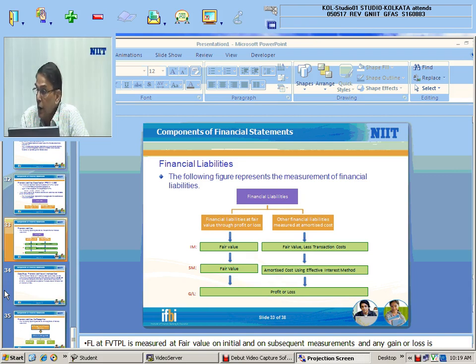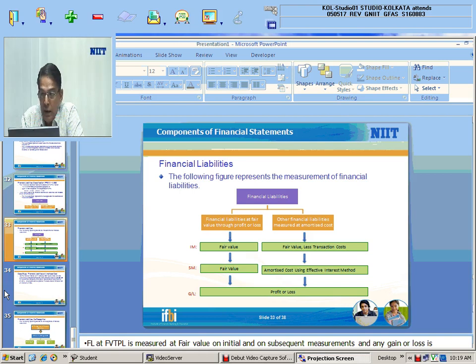For other financial liabilities which are measured at amortized cost, the initial measurement will be fair value less transaction cost, and then amortized cost using the effective interest method, and the difference again will be transferred to the profit and loss account.